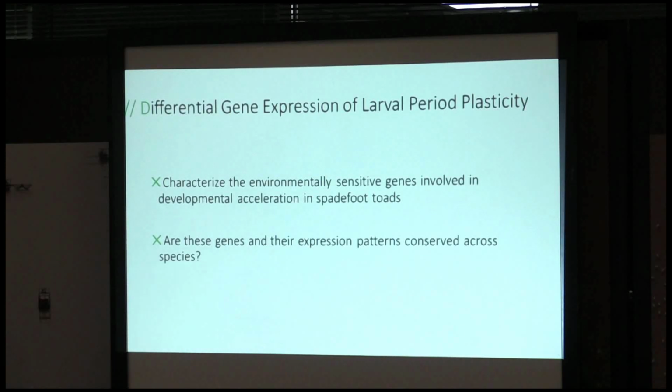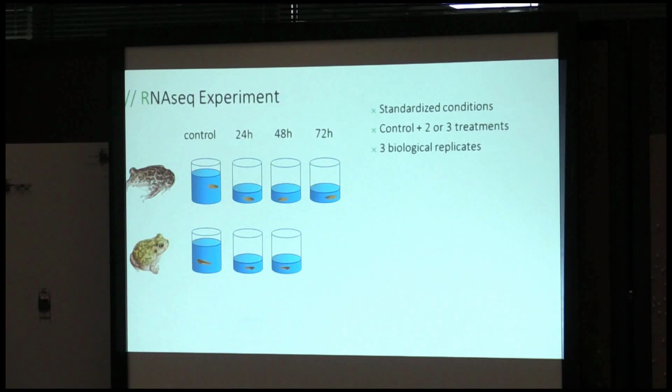We did have some hypotheses going in: we thought that surely in the plastic species we'd see a lot more differential gene expression, because they're clearly more sensitive to the environmental stimuli. To test this, we set up an RNA-Seq experiment.